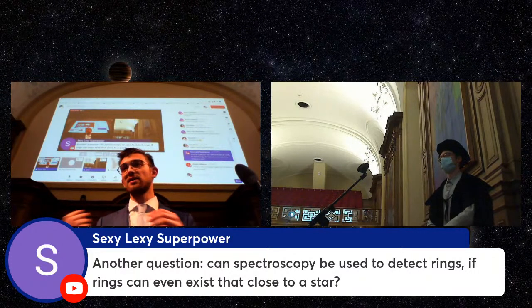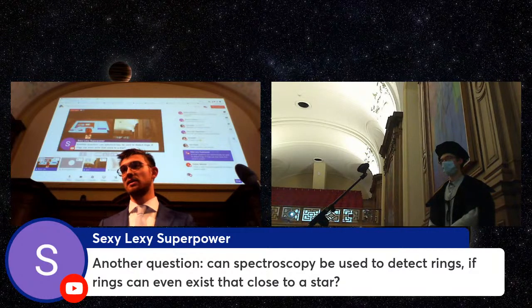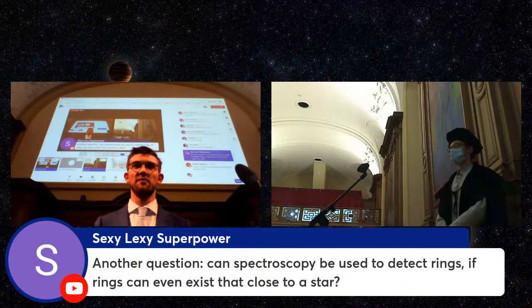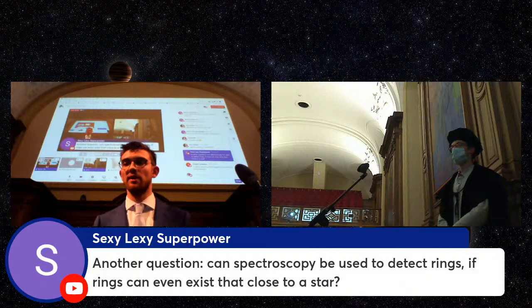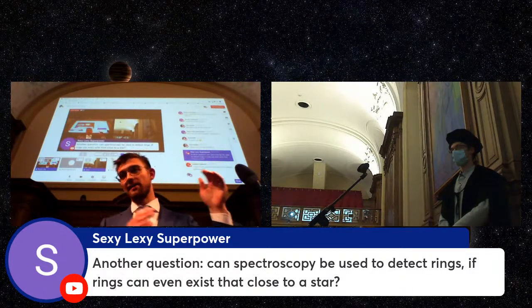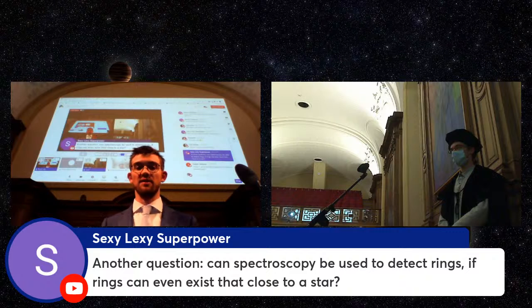However, we can actually try to use the transit detection method to find rings, and I think I've seen a paper about that once. The ring also has some kind of area, and it also blocks some part of the light of the star.